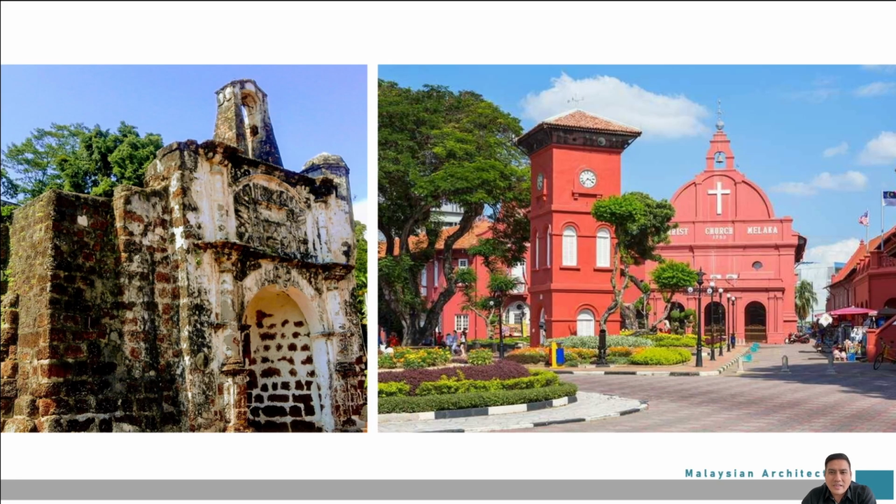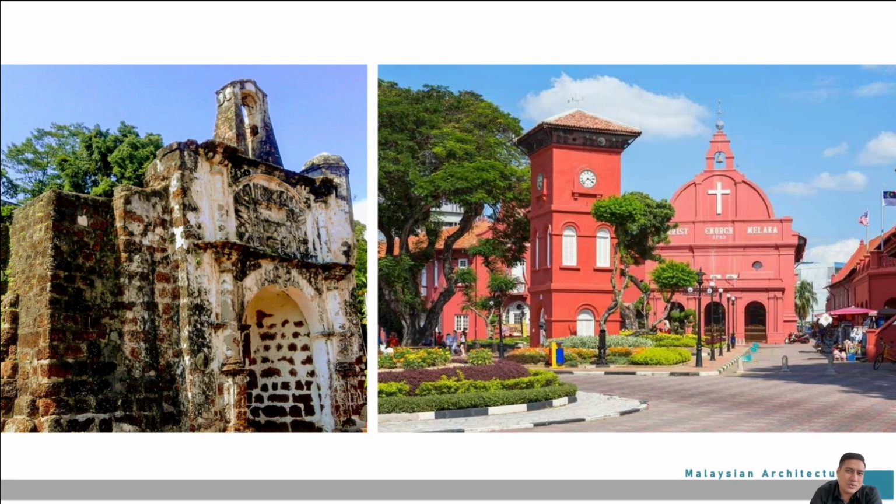As you can see in this image, on the left side, this is A Famosa. I believe all of you are familiar with this building. If you've been to Melaka, this is what we can call the development of architecture.